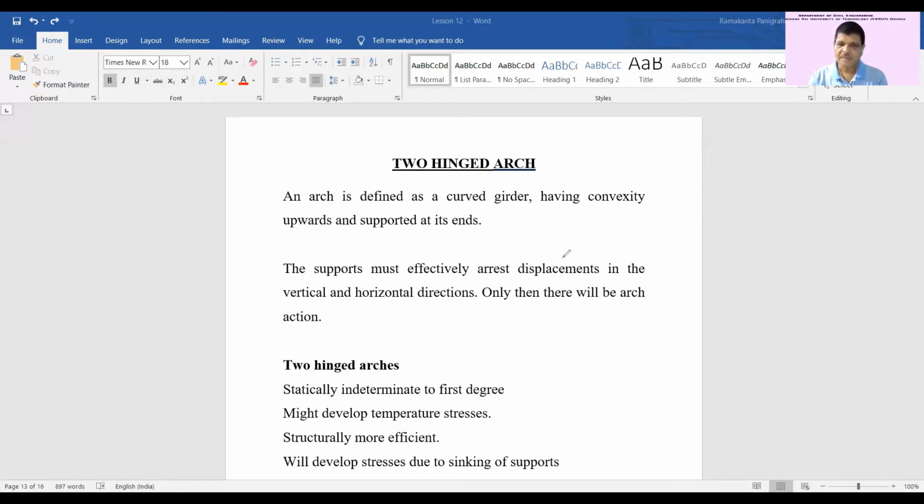In case of an arch, what happens? There is a horizontal thrust. If you draw an arch, the reactions are a vertical reaction and a horizontal reaction at both the ends. Now what does this horizontal thrust do? The bending moment at any section is equal to the bending moment due to the vertical reaction multiplied by the distance x, minus H into y.